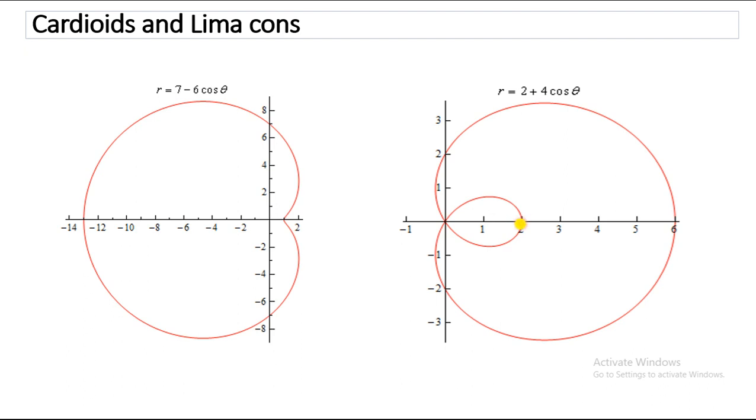If theta equal pi, r is minus 2, because with r negative the point is in the opposite direction of theta. This point is r equal minus 2 at theta equal pi.